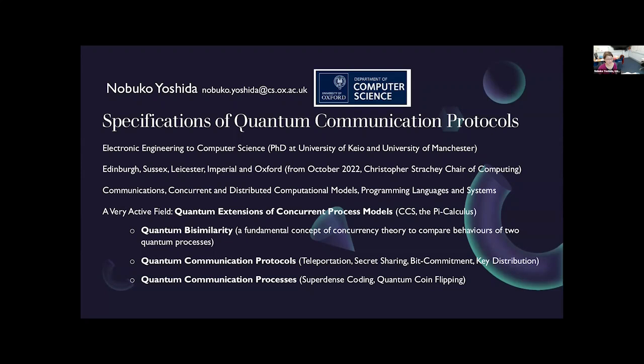My area of concurrent processes and quantum computing is a quantum extension of concurrent process models called CCS and pi-calculus, and these are very active areas now.